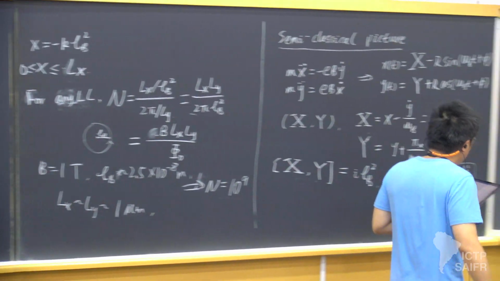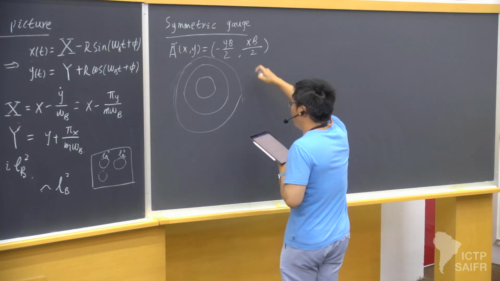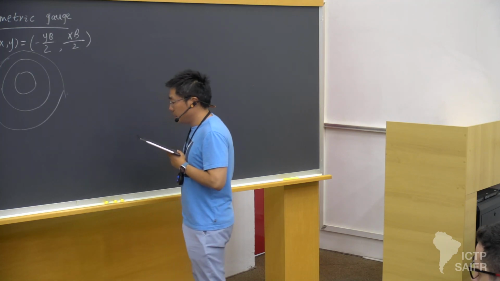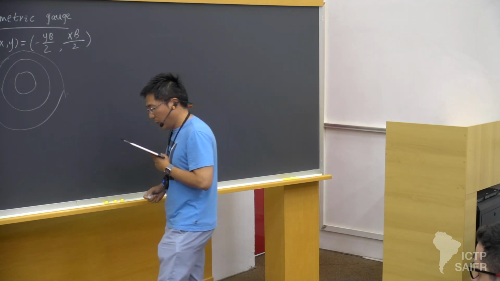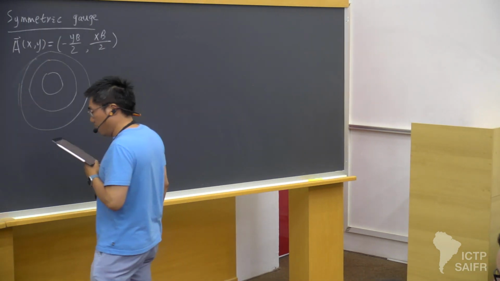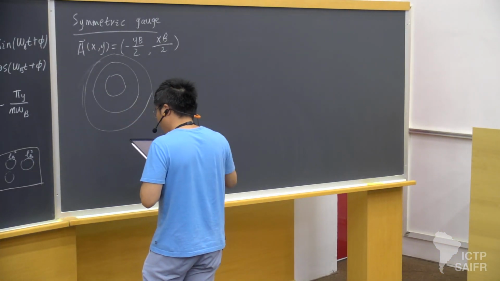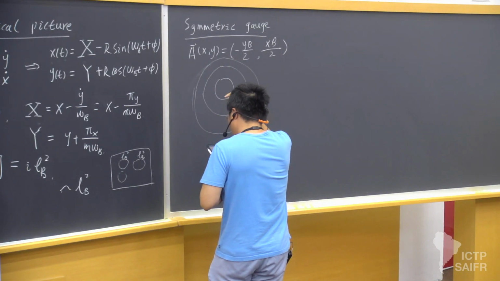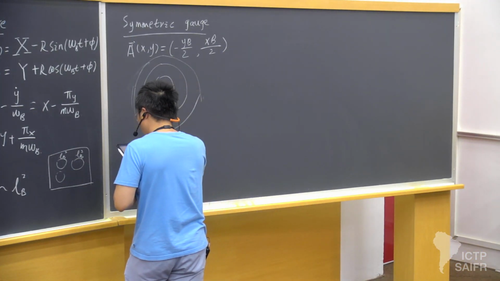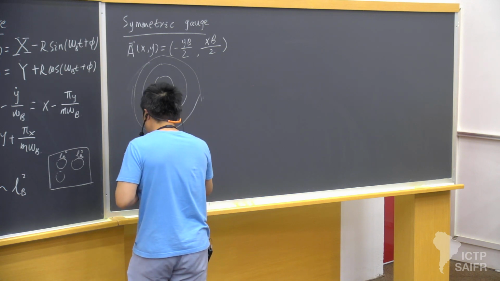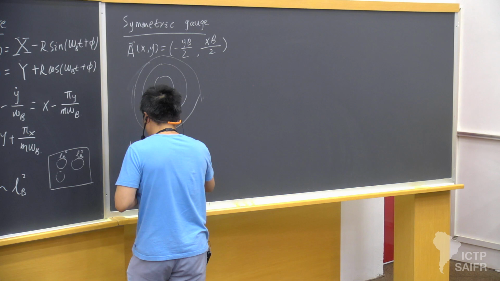So with this gauge, let's try to solve this Landau level problem again. You might remember that in the last lecture, first let me write down the Hamiltonian for my system.